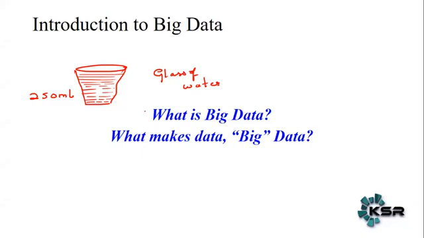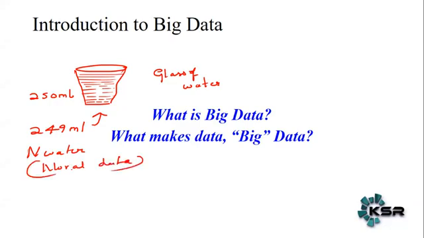Okay. If I store 249 ml in this glass, it's normal water. I will say normal data. If I store 250 ml, it is still normal data.